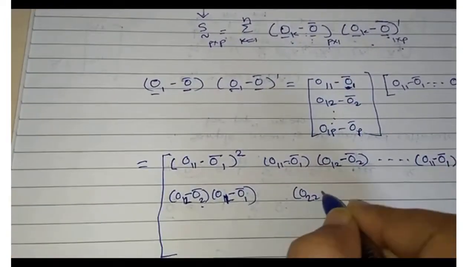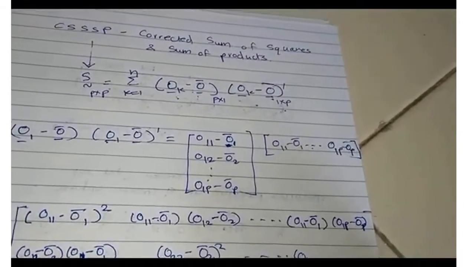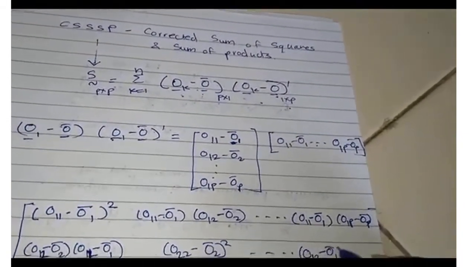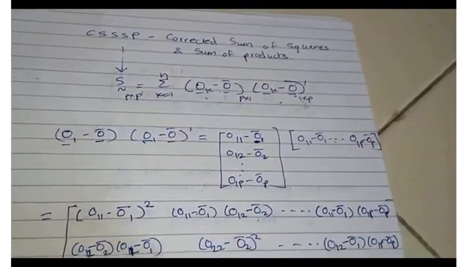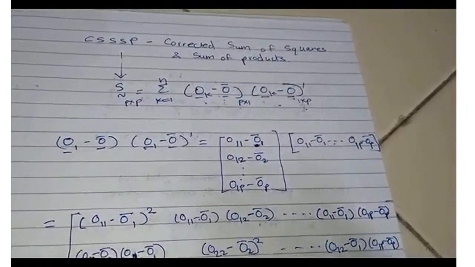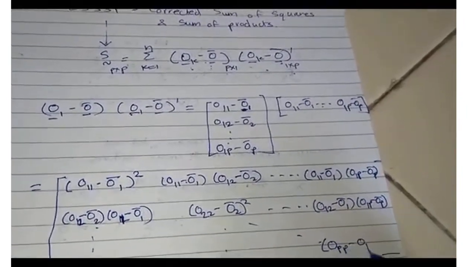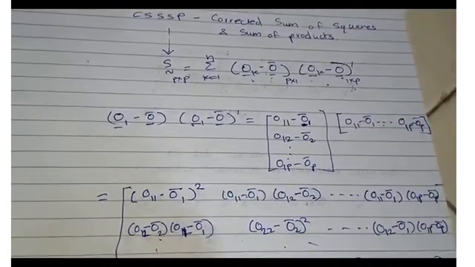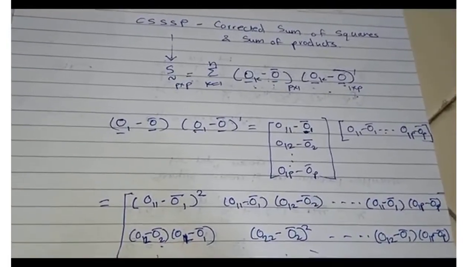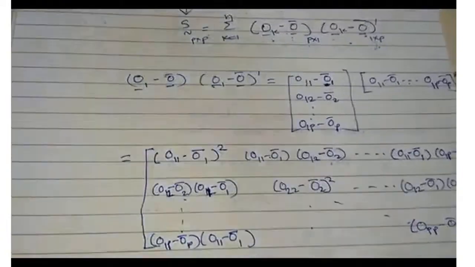Here I would have (O12 minus O2 bar) whole square, and the last entry would be (O12 minus O2 bar) into (O1p minus Op bar), and so on. The last entry would be (O1p minus Op bar) whole square. If you want to write this entry, it would be (O1p minus Op bar) into (O11 minus O1 bar). Okay.